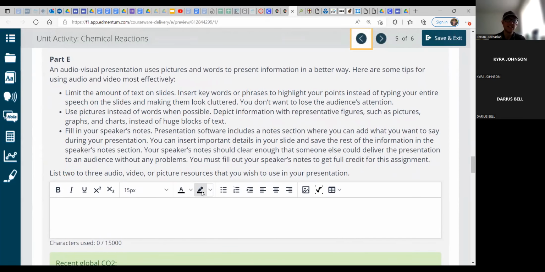And then in part E, you're looking for pictures to present the information in a more interesting way, I'd say. The last thing you want in a presentation is just words on the screen. You need some of those pictures and illustrations to keep people engaged and present the information in a different way.